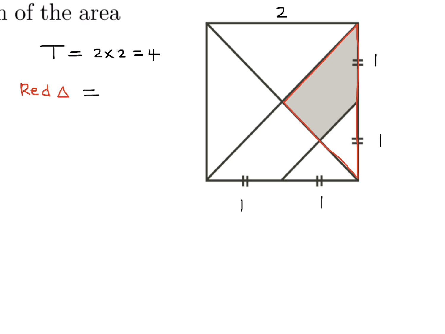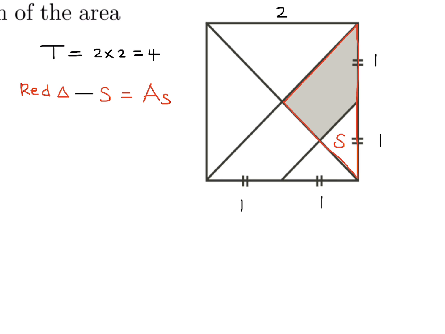If I take that red triangle and subtract from it this small triangle, I'll call that S for small, this tiny little triangle in here, that will give me the area of my shaded region. Correct? So I think we can do that.